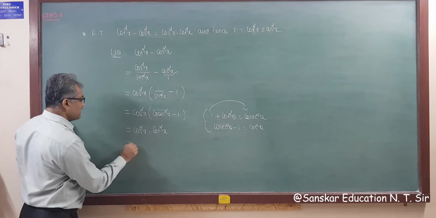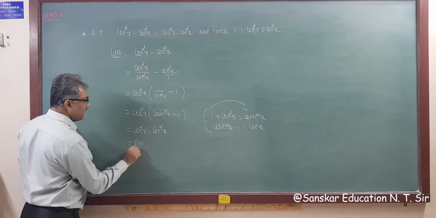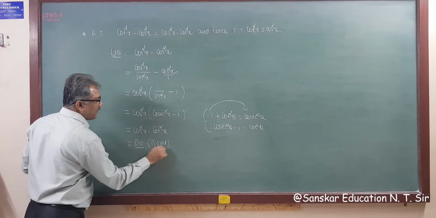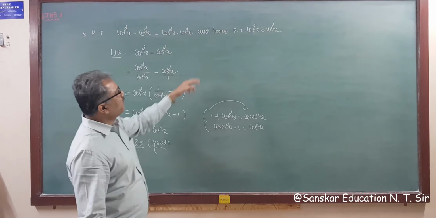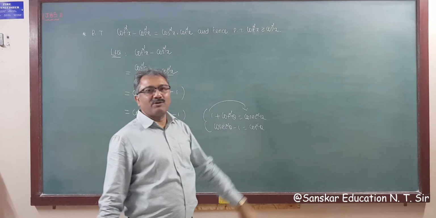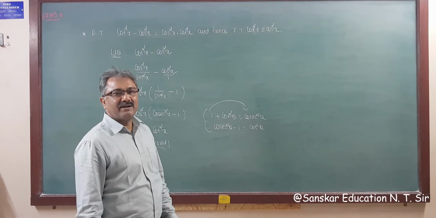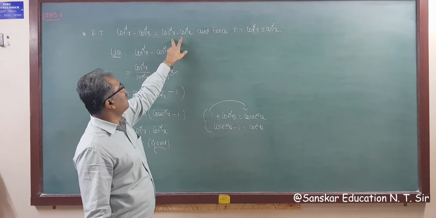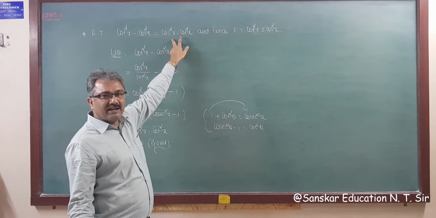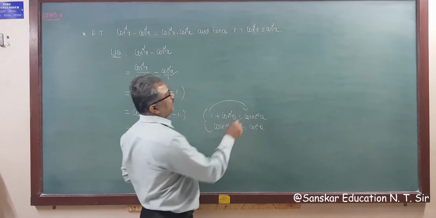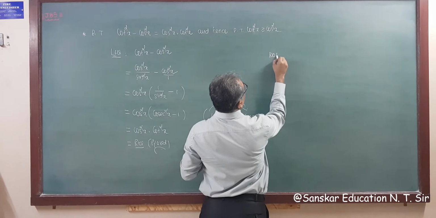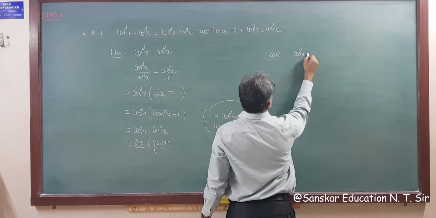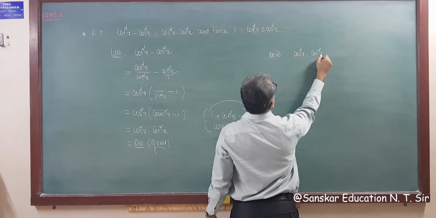So this is your right hand side, and hence this is true. Now using this, we have to prove that cot square x is greater or equal to cos square x. Now cot square x minus cos square x is cos square x into cot square x. So I'm taking this cos square x into cot square x.